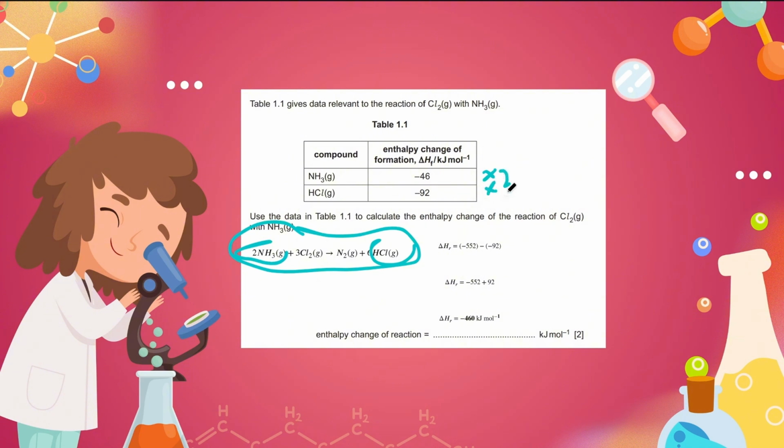And then product minus reactant, minus 552 minus another minus, which makes it a plus again. This is the answer.